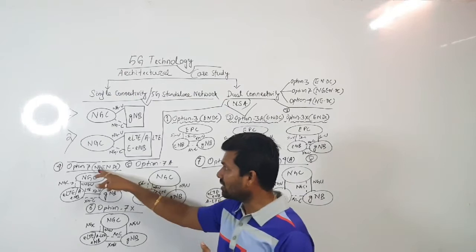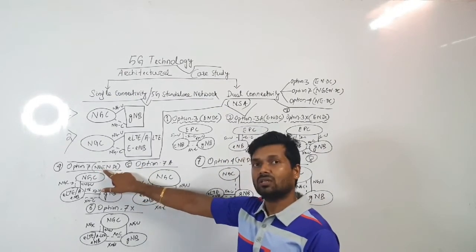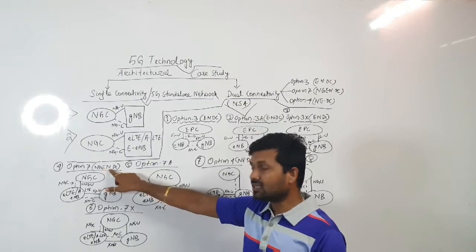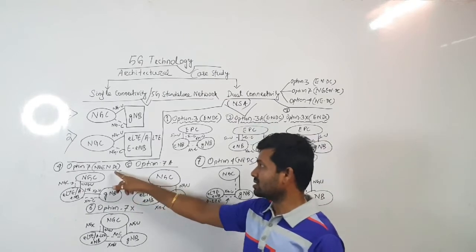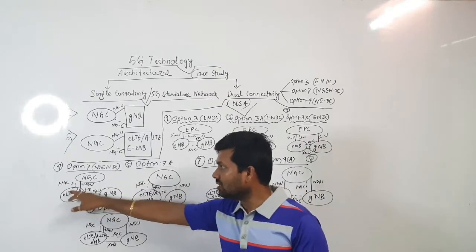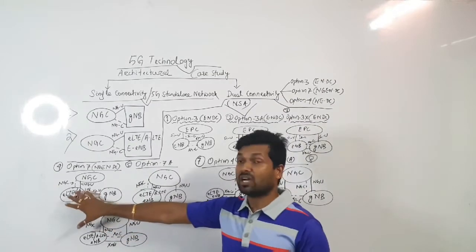In this case we call it NGENDC, meaning next generation E node B, and N stands for new radio or the G node B, DC. That means here NG, next generation or the advanced LTE node, is the master node.